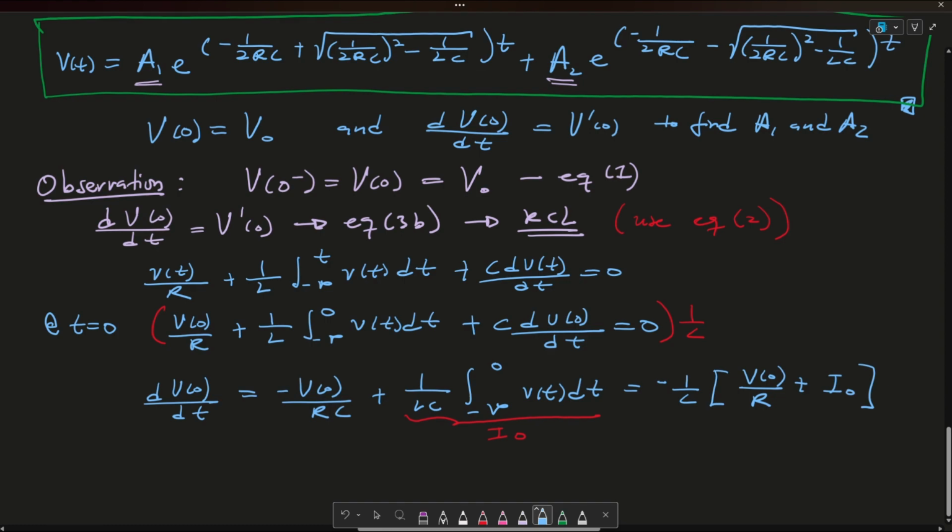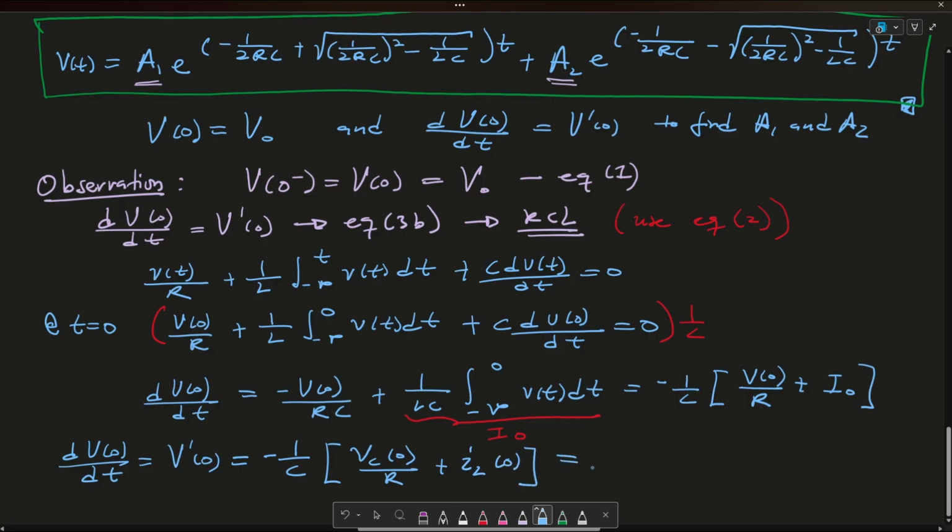And essentially, just to be explicit, I can write this a couple of different ways. I can say dV of 0 over dt, which is again V prime of 0, is equated to minus 1 over C times the initial voltage across my capacitor, Vc of 0 over R, plus the initial current across my inductor, IL of 0.